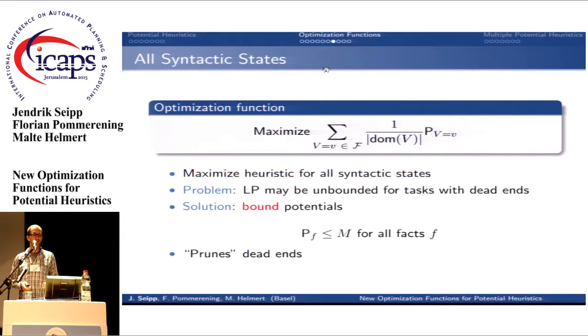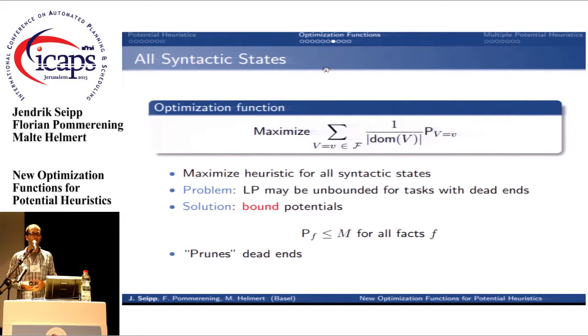But again, this has a drawback or a problem because the LP may be unbounded for tasks with dead ends, and this is because if we can set some fact potentials very high and still be admissible, we can set others very low and still achieve the same objective value.